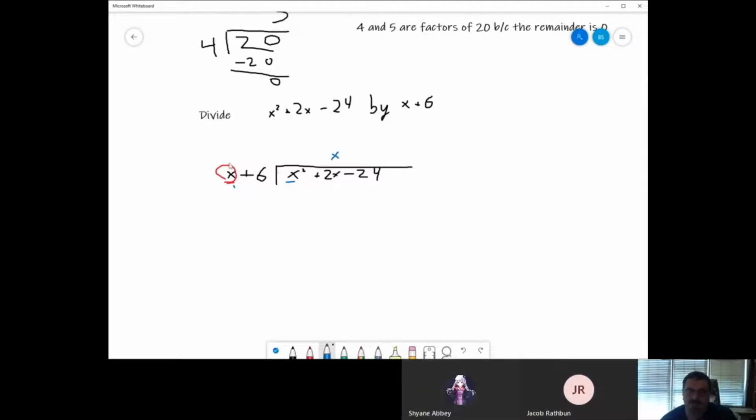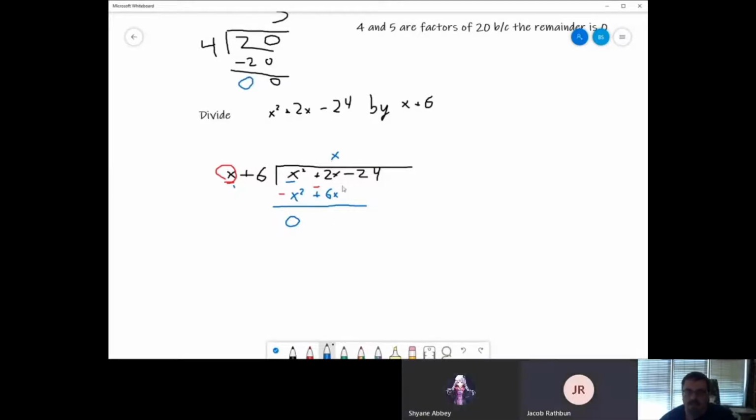So x times x is x squared. X times plus 6 is plus 6x. And then we're going to subtract, which means everything on this line switches. So this becomes minus, and this becomes a minus. And x squared minus x squared is 0. Your first subtraction should always be 0.